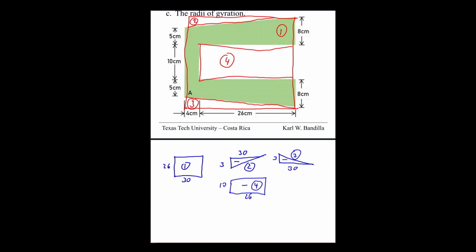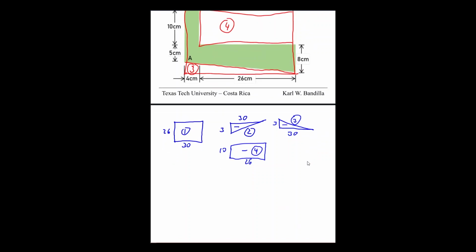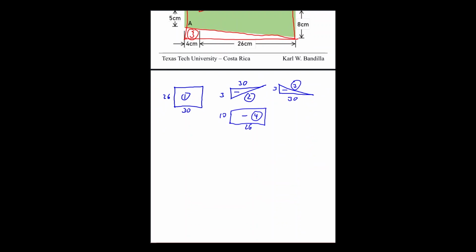All right, so that means we need to have a table with 4 entries, 4 rows. We need i, we need A_i in centimeters squared. X bar i will be in centimeters.